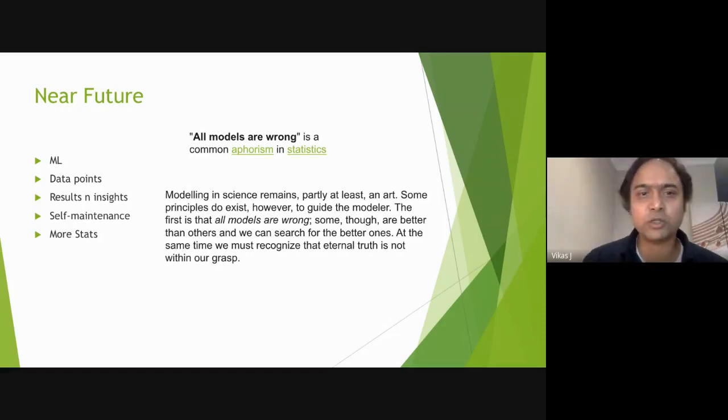Some principles do exist, however, to guide the modeler. The first is that all models are wrong. Quite disappointing, but some are better than others, and we can search for the better ones. At the same time, we must recognize that the eternal truth is not within our grasp. What it means is: do your best and leave the rest.